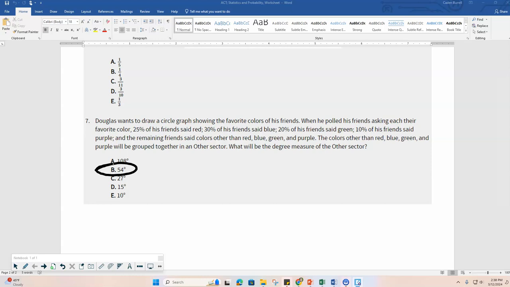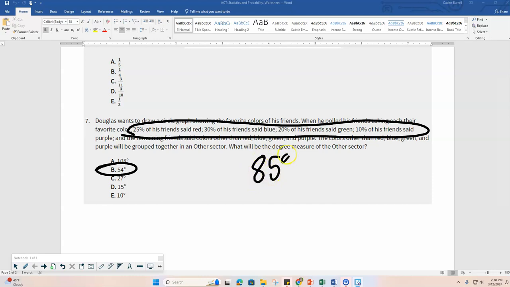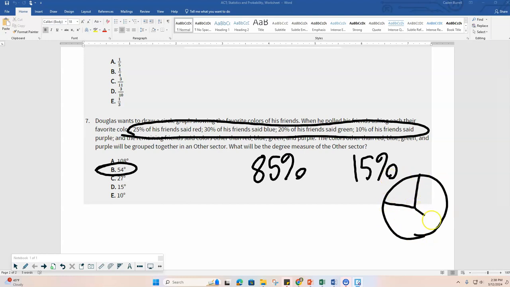Okay, so let me point out some common mistakes made on this one. First of all, adding up all of these percentages, 25% for red, 30% for blue, 20% for green, 10% for purple, that adds up to a total of 85%, which would leave 15% of the circle to be the other sector.